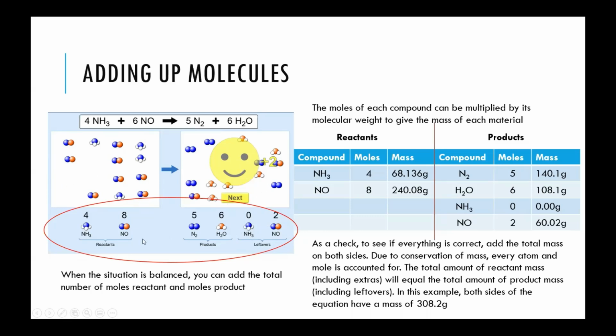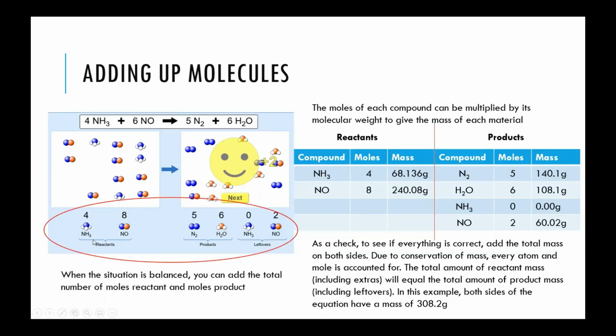So in this example, 4 moles of ammonia, NH3, and 8 moles of nitrogen monoxide are reacted together, and that will generate 5 moles of nitrogen gas and 6 moles of water.